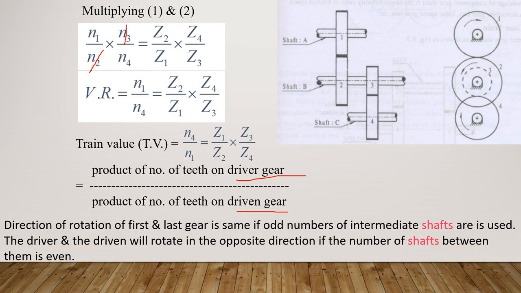So the direction of rotation of first and last gear is the same if we have an odd number of intermediate shafts. Whereas if you have an even number of intermediate shafts, you will have opposite direction of rotation. So this is the conclusion related to the compound gear train.